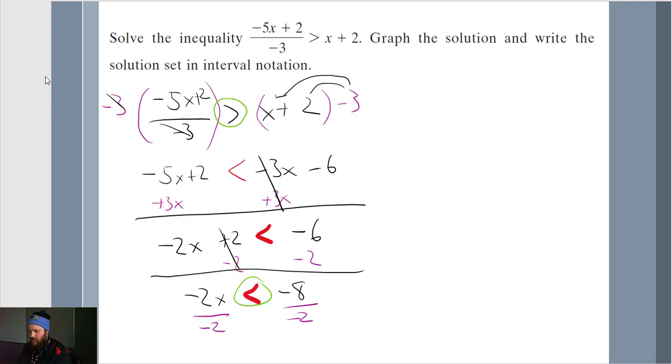It's going to change. So now that value is greater than again. Okay? So negative 2's go away. I'm left with an x. And then negative 8 divided by negative 2. Negative divided by negative is positive, so we should get 4.